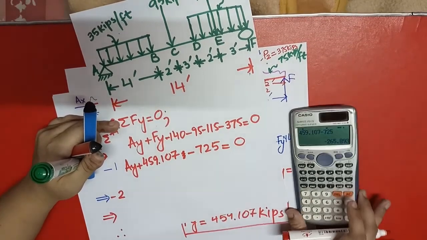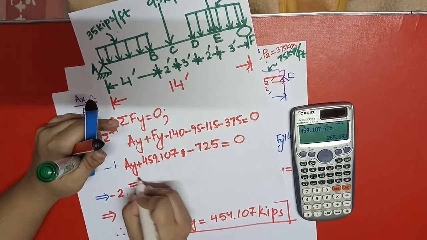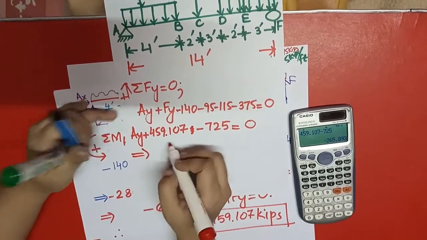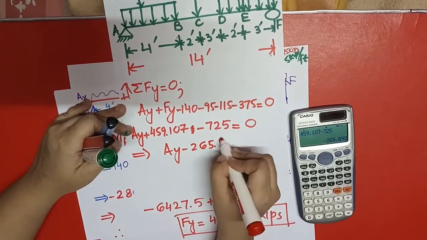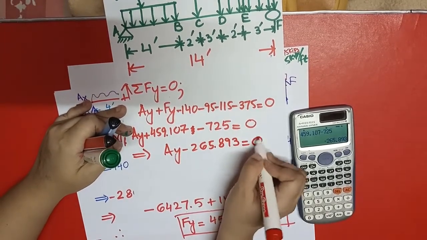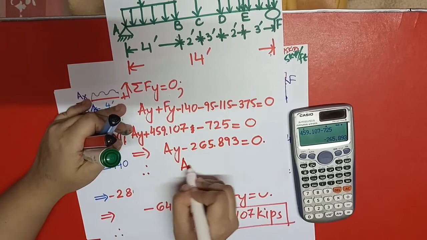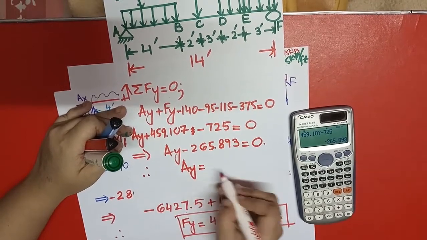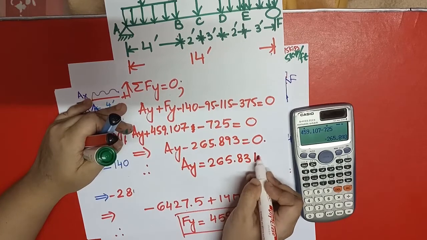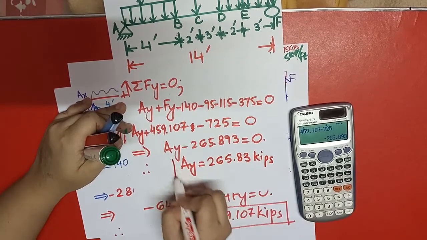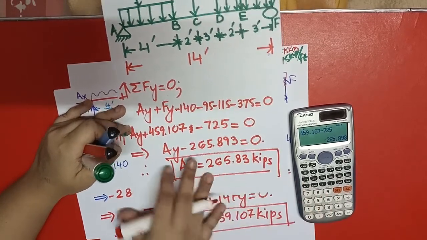So the answer is coming out to be Ay is minus 265.893 equals to 0. So therefore Ay is equal to 265.893 kips, because the values were given in kips.